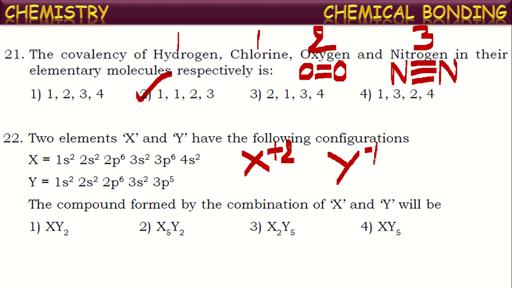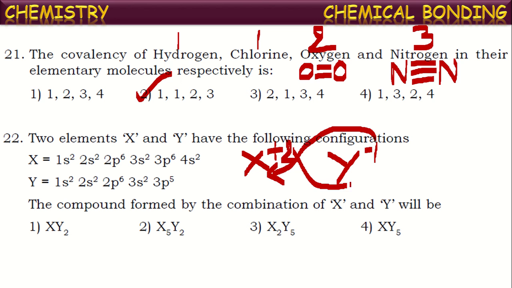Now, when these two atoms combine together, we can find their molecular formula by the crisscross method. What is that? The positive ion is written first, followed by the negative ion. Next, common factors are eliminated from the charges. As there is no common factor, we skip to the third step. By neglecting the symbols, we crisscross these valencies.